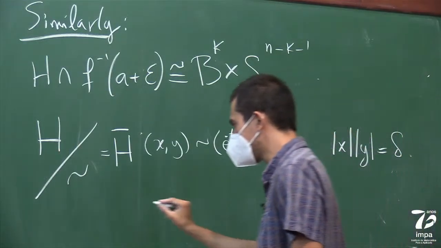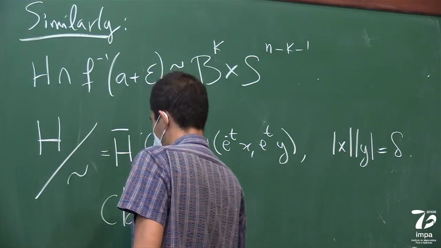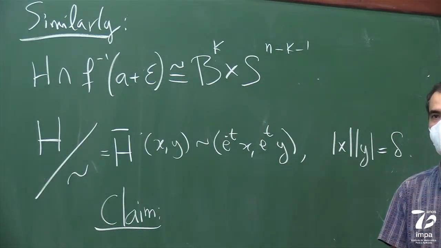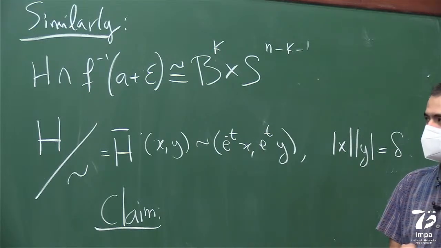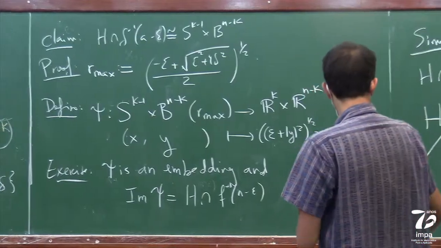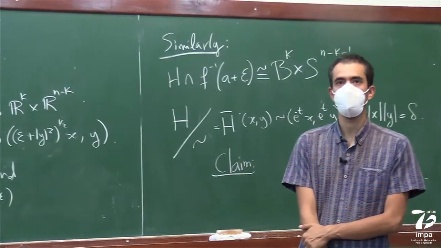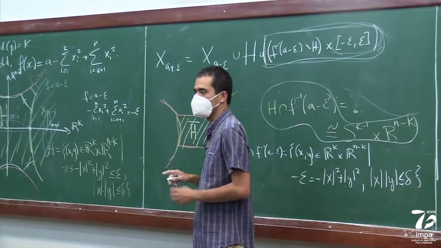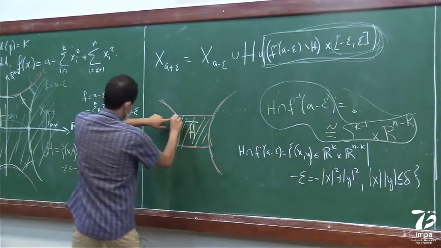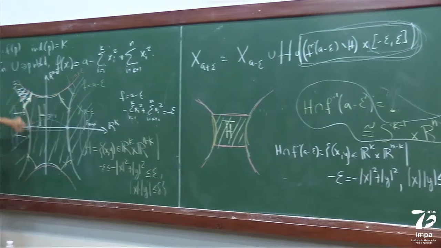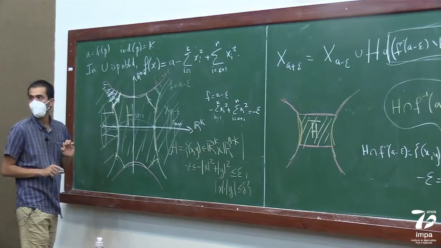And my claim now, and maybe this is something that I can leave you several days to do, and it's very similar to this kind of game that I played here, is what is this H bar topologically? So this H bar is this guy here topologically, and I didn't collapse this part or this part. So this part, the description topologically here is still the same.